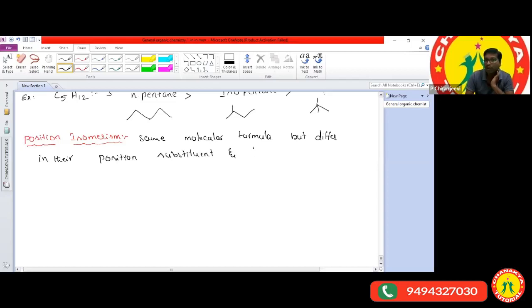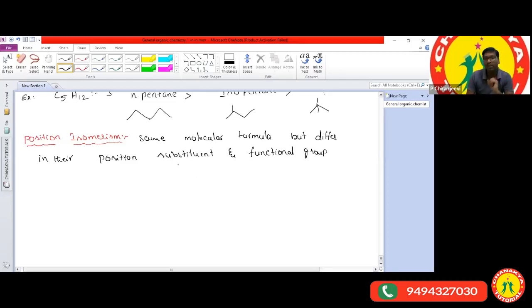So the two isomers we can call position isomers, and the phenomenon is called positional isomerism.